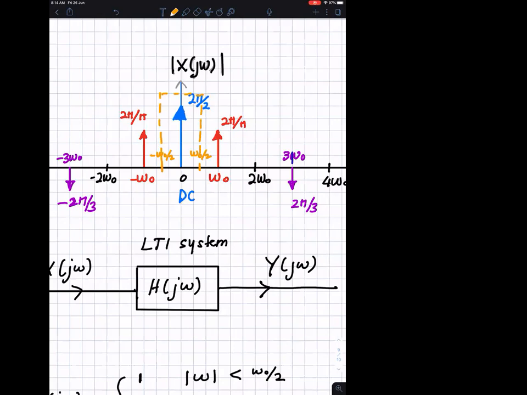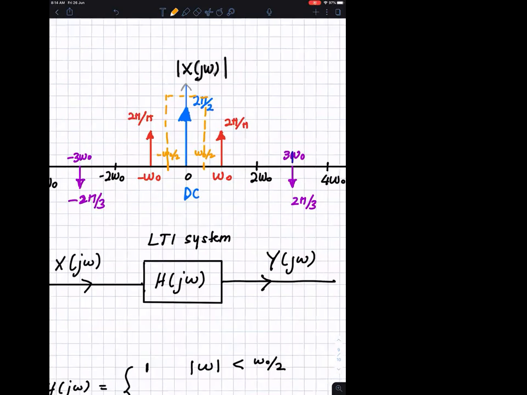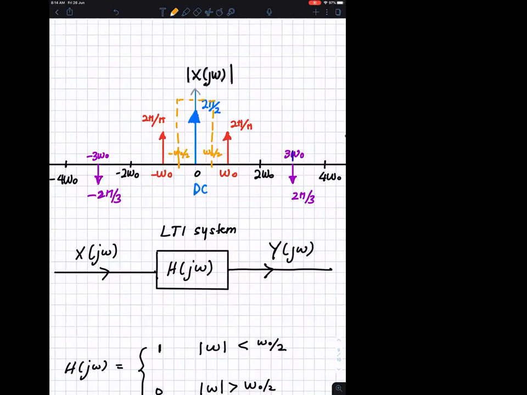So what's inside this box that I just drew? What's inside the box?